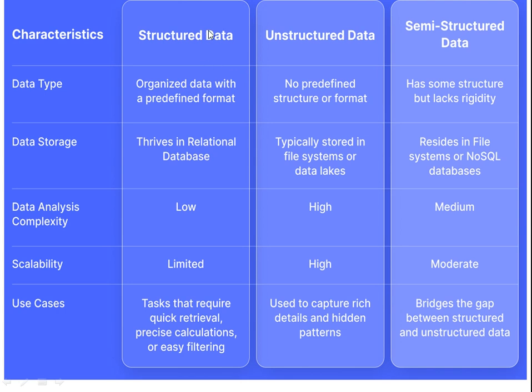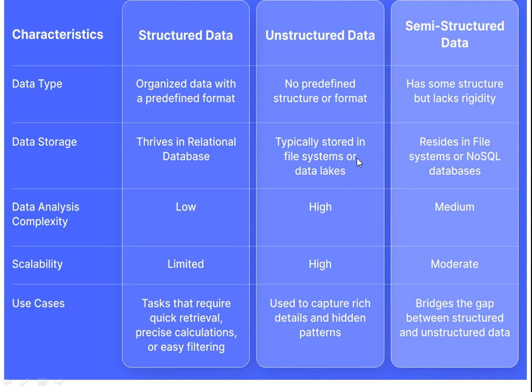Coming to the data type, in structured data, the data is organized with a predefined format, but in unstructured data you don't have any predefined structure. Semi-structured is in between. It has some internal organization, but no rigidity about the structure. Coming to data storage, structured data works very well in relational databases.